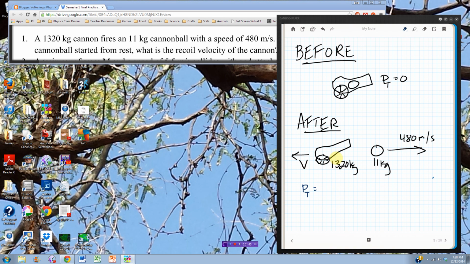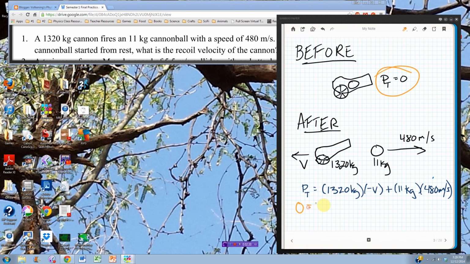Well, this is going backwards, so the momentum of the cannon would be the mass of the cannon times negative v, since v is going backwards, it would be a negative number, plus the mass of the cannonball times the velocity of the cannonball. And that has to equal 0 because the total momentum started off as 0. The total momentum must end at 0.